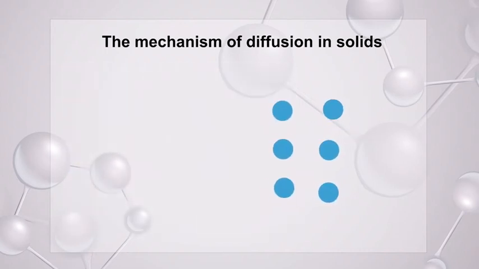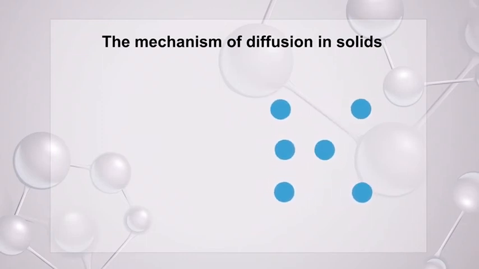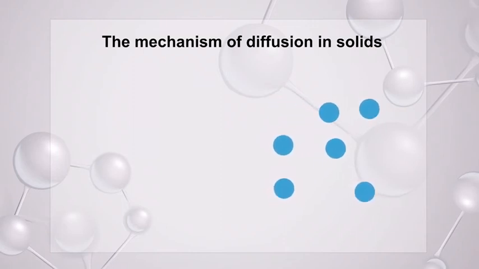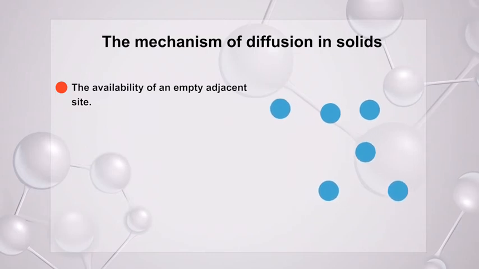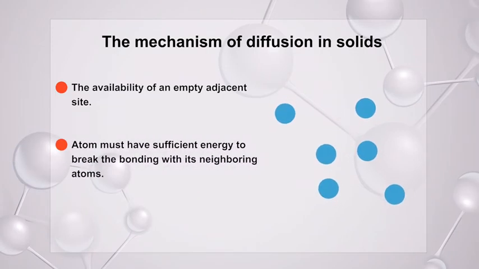The figure on the right shows random transfer of atoms from one lattice site to another. Here, two conditions must be fulfilled for an atom to make such a move. The first condition is the availability of an empty adjacent atomic site, and secondly, atoms must have sufficient energy to break the bonding with their neighboring atoms.